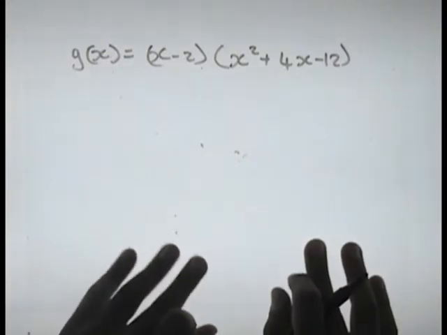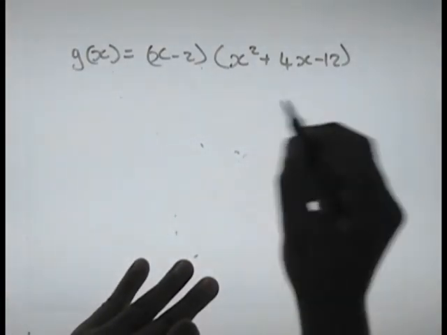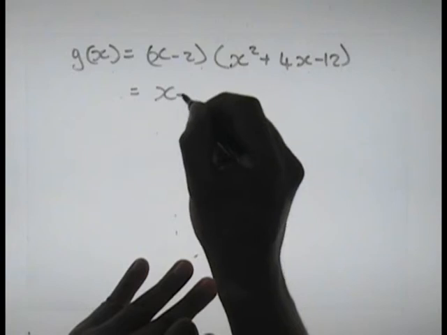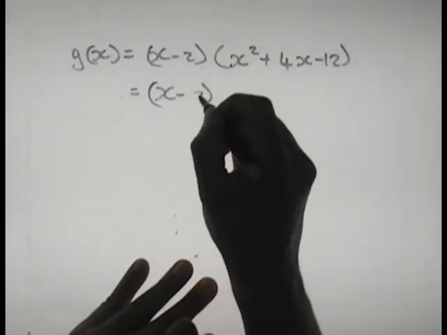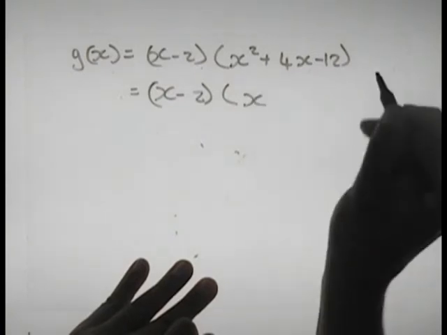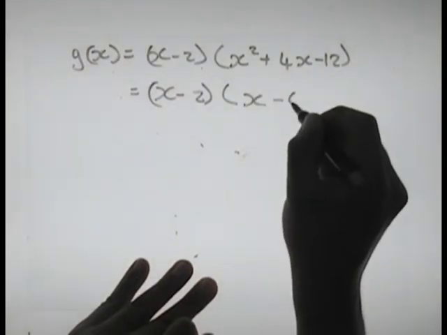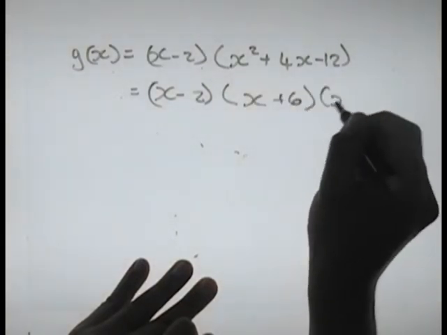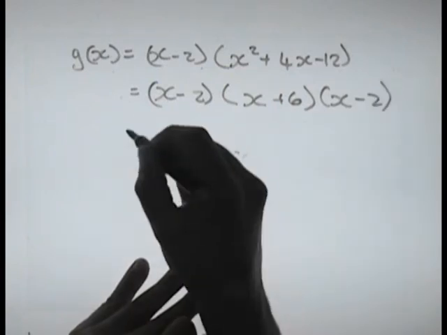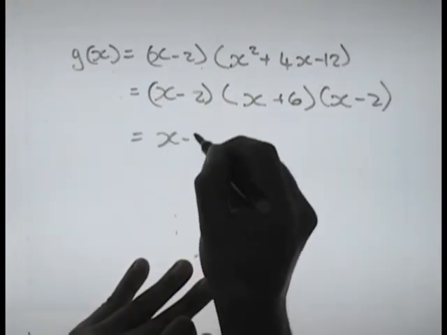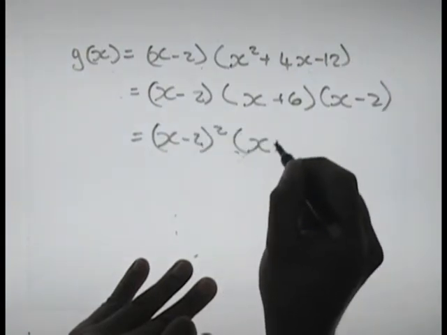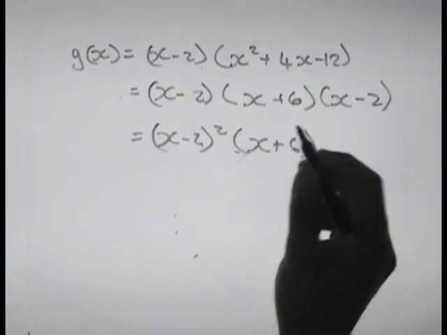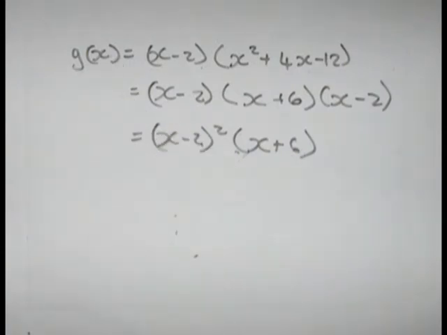Alright, I can factorize this further. This will become x minus 2 multiplied by x plus 6 times x minus 2, which will give me an answer of x minus 2 all squared multiplied by x plus 6. And these are all of the factors of g of x.